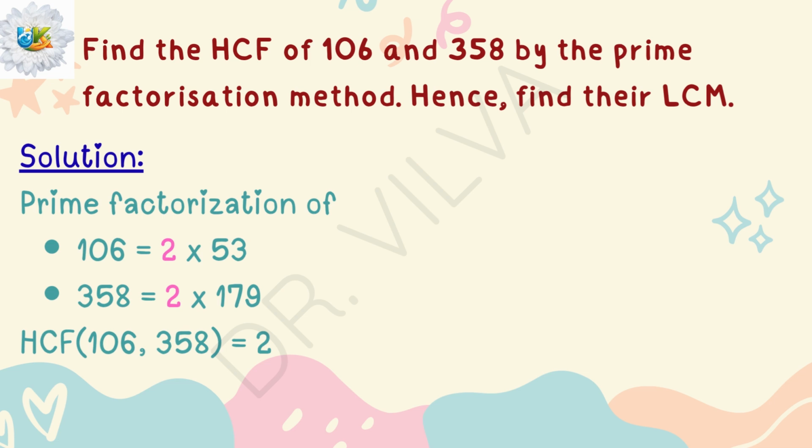Also, the prime factorization of 358 is 2 into 179. Again, 179 is a prime number. The only common prime factor between these two integers is 2. Therefore, the HCF is 2.